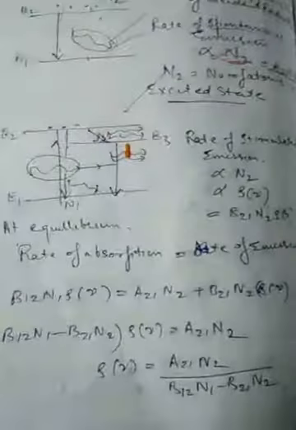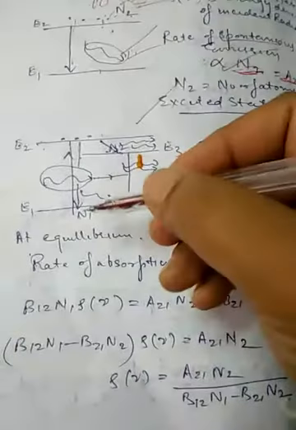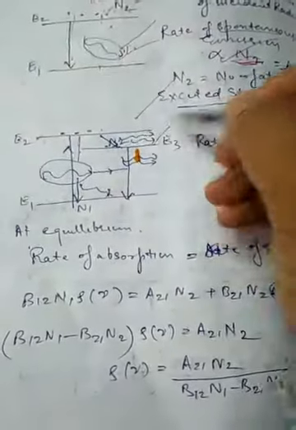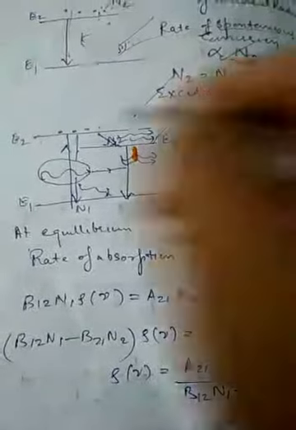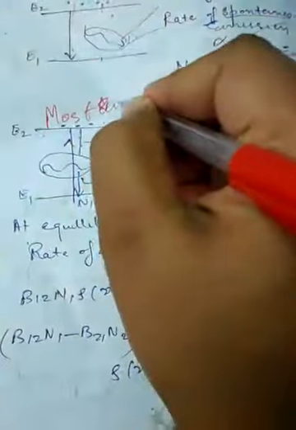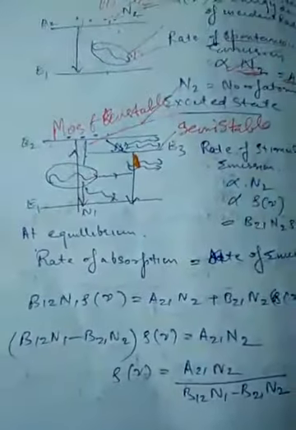Now the third process is called stimulated emission. Stimulated emission involves a metastable state, which is a semi-stable state, and the excited state is the most unstable state, so these are the main states required.